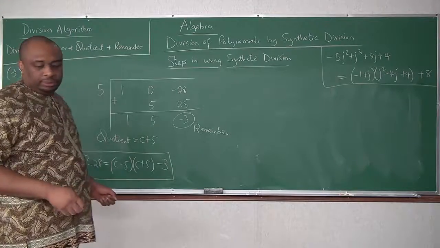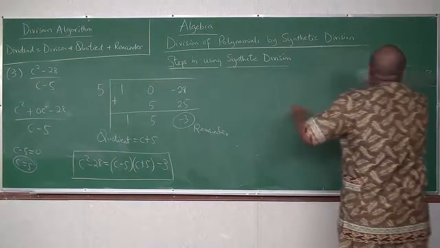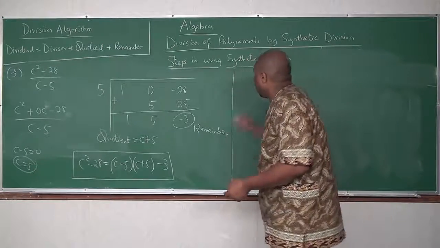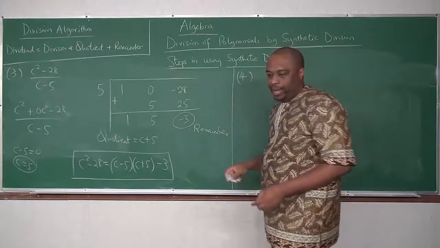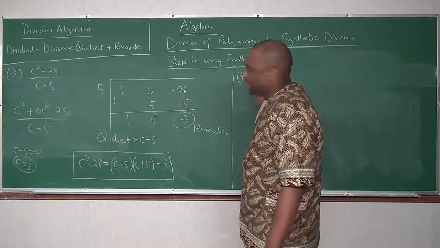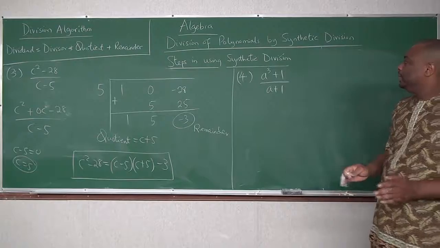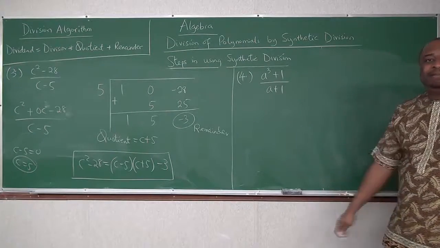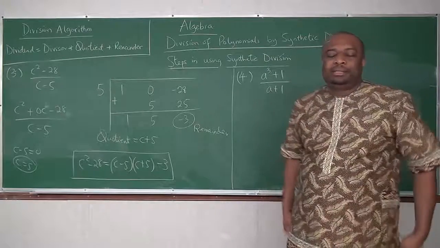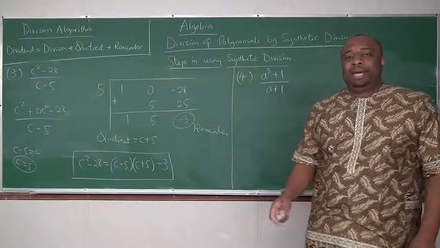The next one is question 4. We have a cubed plus 1 over a plus 1. The dividend is incomplete. It is missing the term in a squared, and it is also missing the term in a.